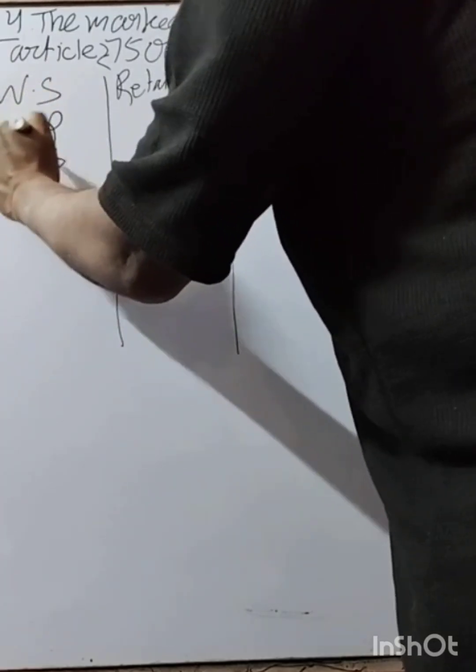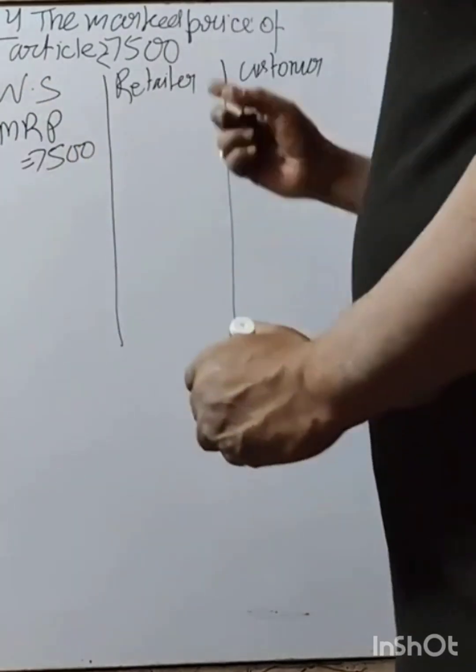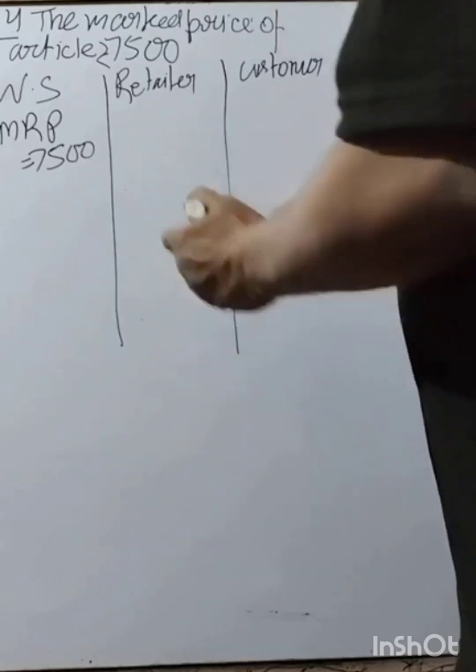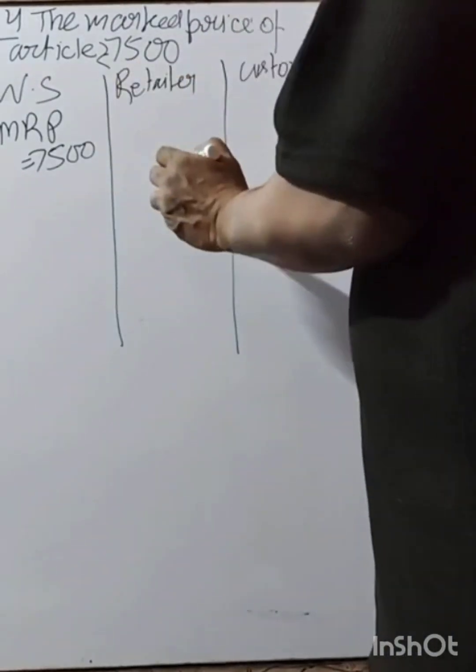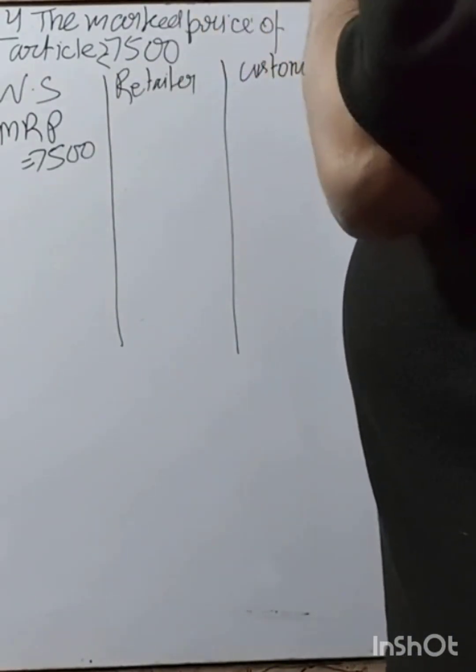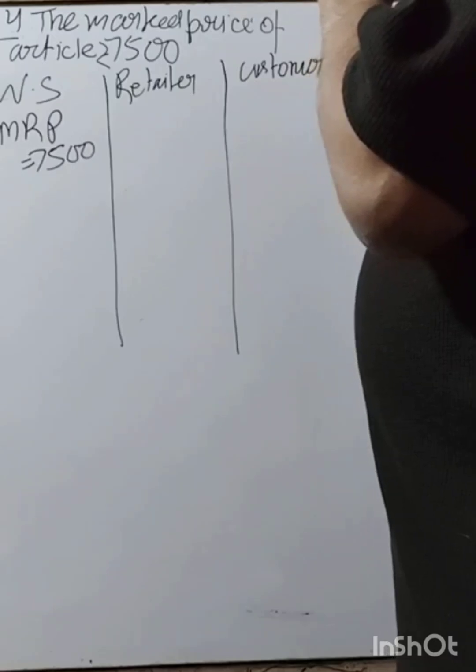A shopkeeper buys an article from a wholesaler at some discount and sells it to a consumer at the marked price.